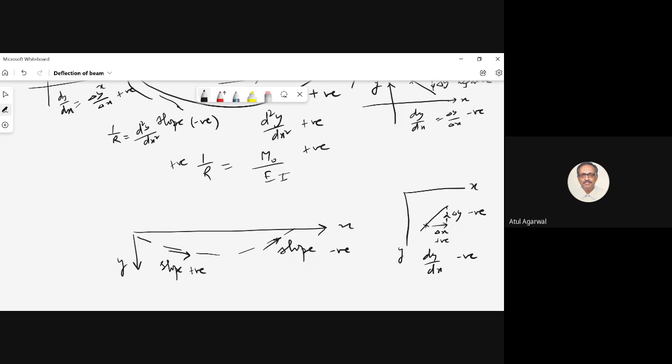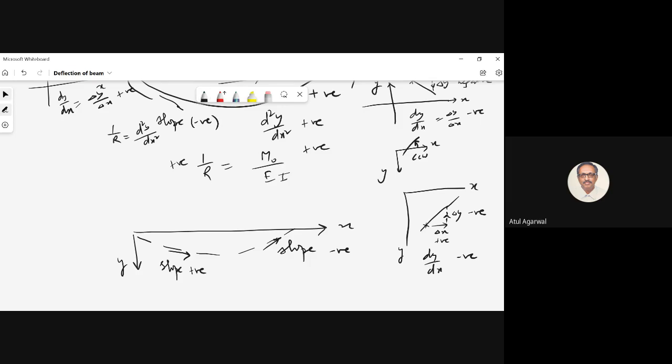Here you see what is the angle made by the tangent with the x-axis. If you look at this, x-axis positive direction, y-axis is positive downwards. Now you have a line which is going like this. What angle is it making with the x-axis? Positive direction of x-axis, counterclockwise.